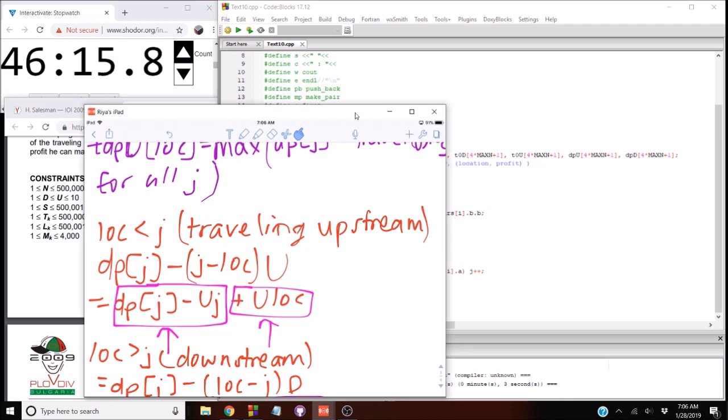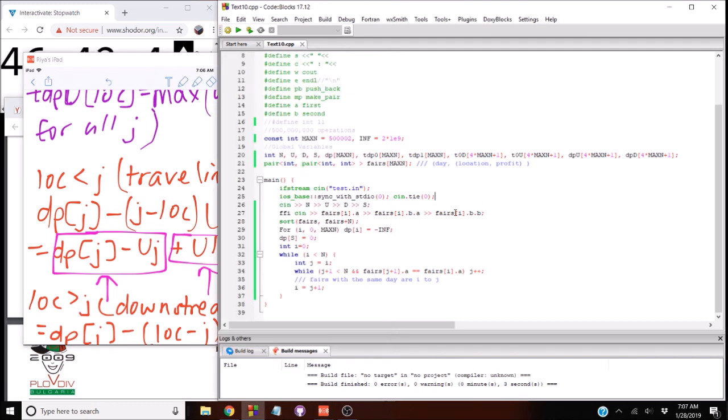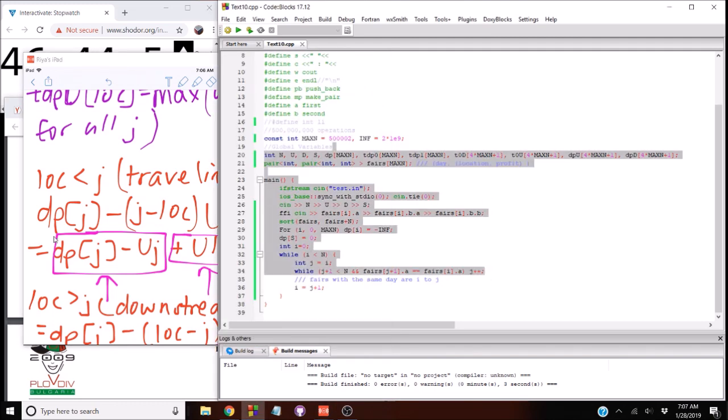So we need to do 2 separate queries. One considering that j is greater than location, which means traveling upstream, and the other is traveling downstream. Okay.